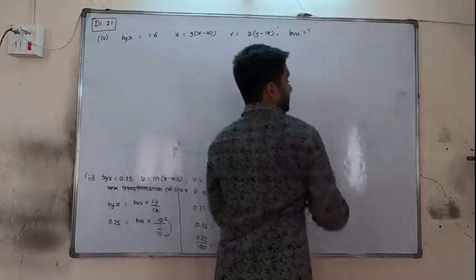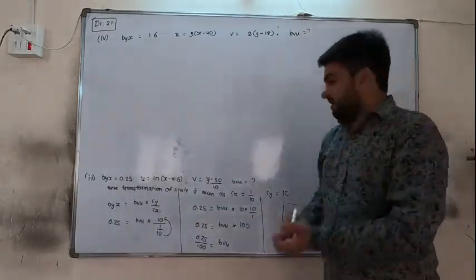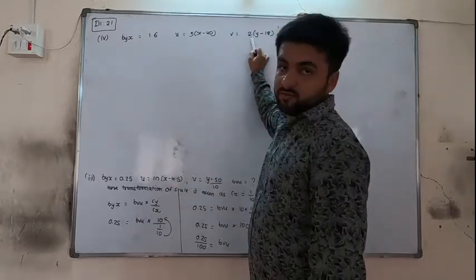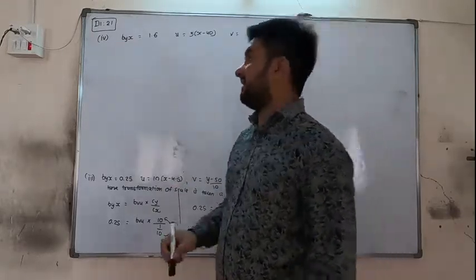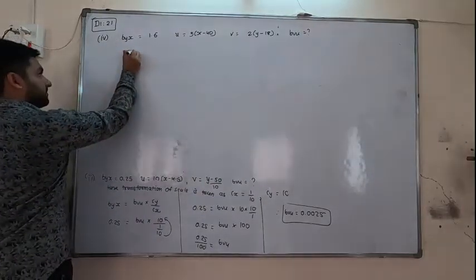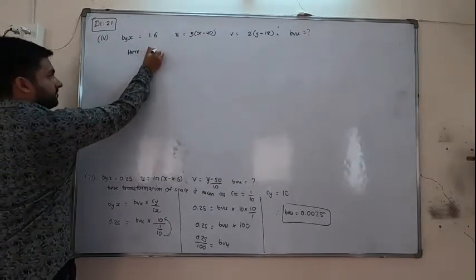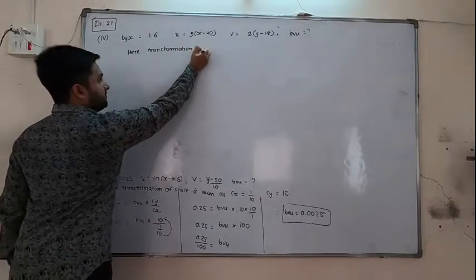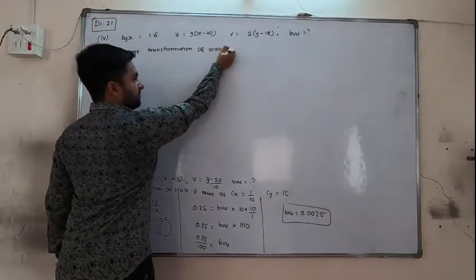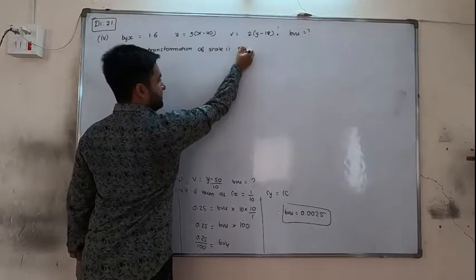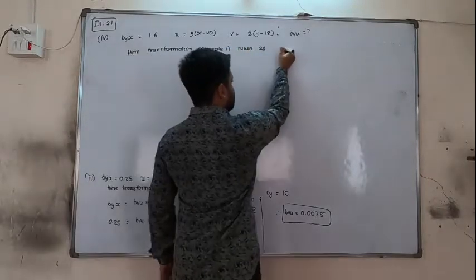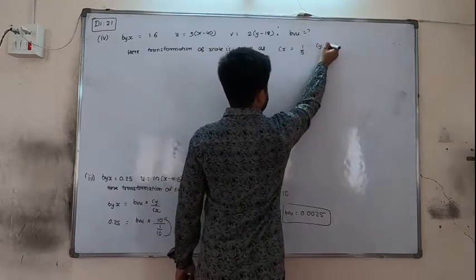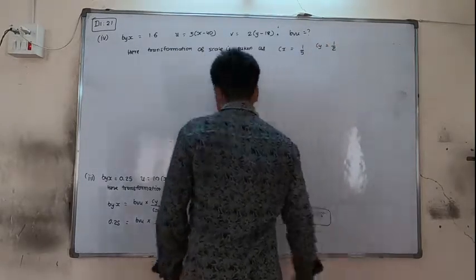Bvu question. Now if it is in multiplication, take its reciprocal, 1 by 5 and 1 by 2, and if it is in division, directly take. Here transformation of scale is taken as Cx 1 by 5, Cy 1 by 2.